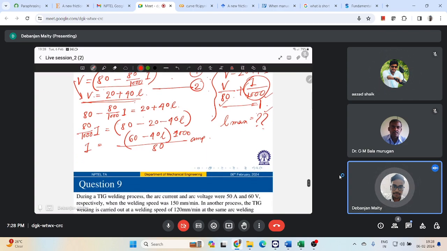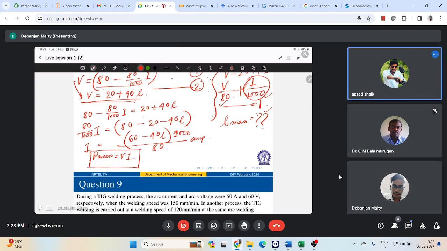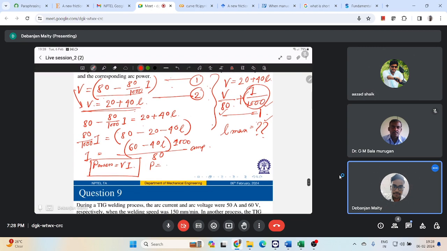Now what is my power? Power is voltage into current, correct? So my power will be 20 plus 40 into L. I am basically converting power as a function of arc length because I want to get the maximum arc length.